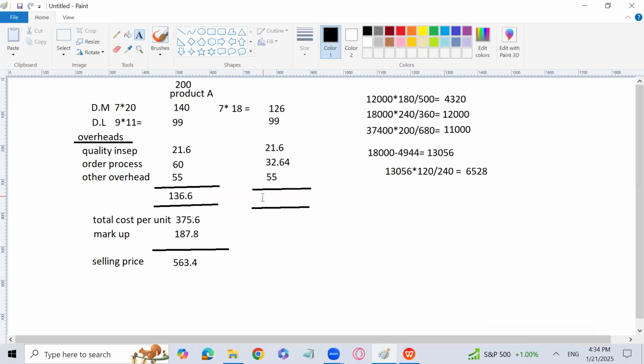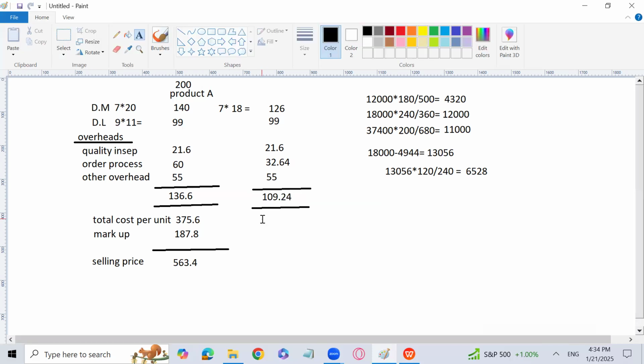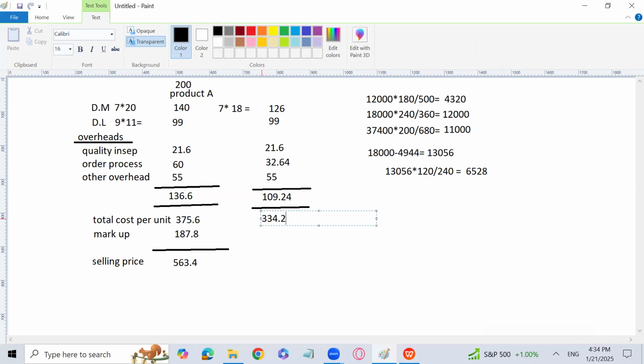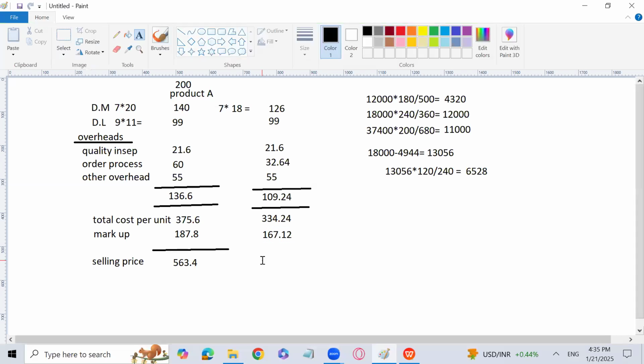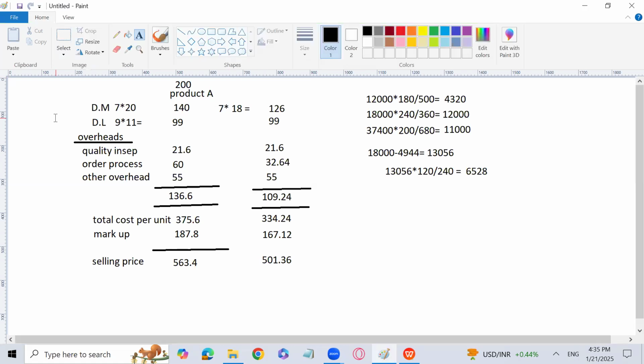The overheads total 109.24, and the total cost is 334.24. The mark-up is 50% again, which is 167.12, and the selling price is going to be 501.36, according to our new selling price with the 50% mark-up.